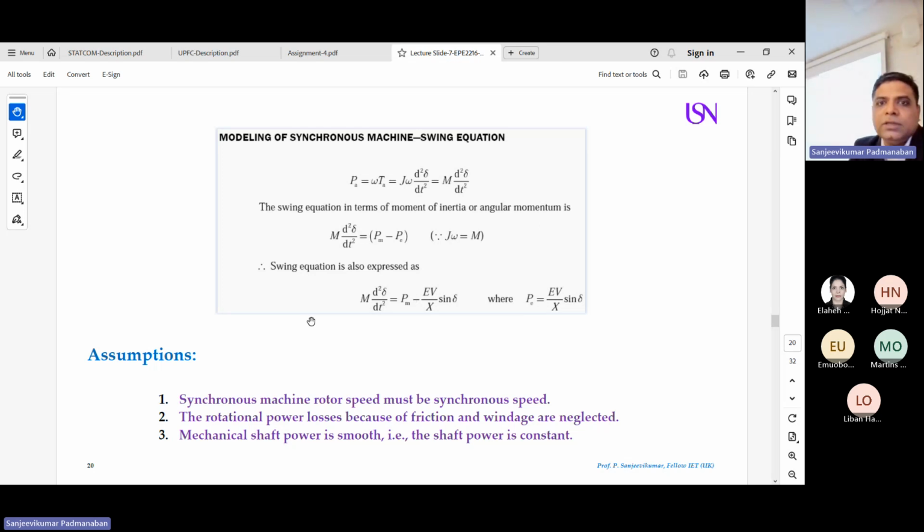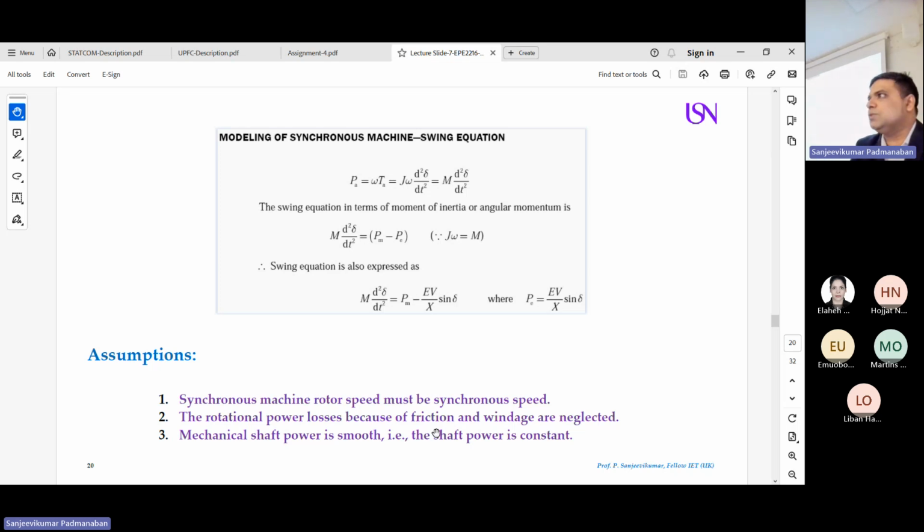So for developing all these equations, there are some assumptions we need to follow. What are the assumptions? The synchronous machine rotor speed must be synchronous speed. It means your rotor rotates at rated speed, synchronous speed, 120 F by P. This is the first assumption. The second assumption is that frictional and windage losses are neglected. We assume this in order to make the swing equation of your synchronous machine more compact.